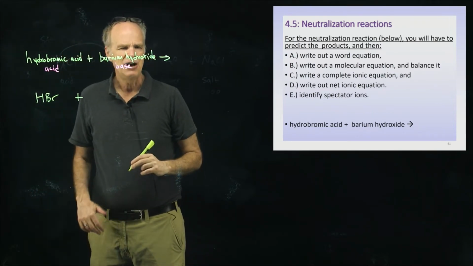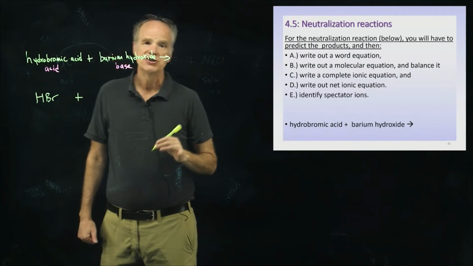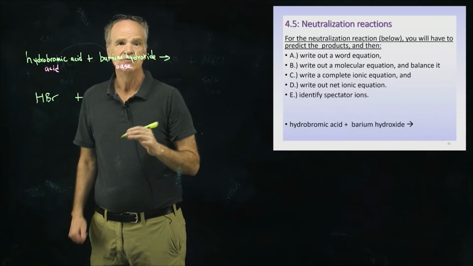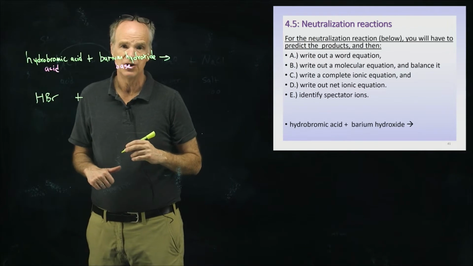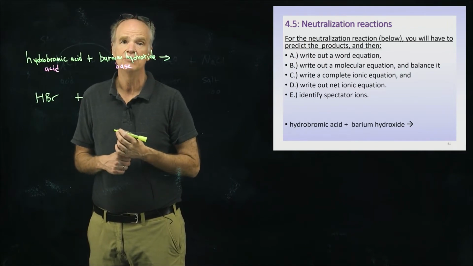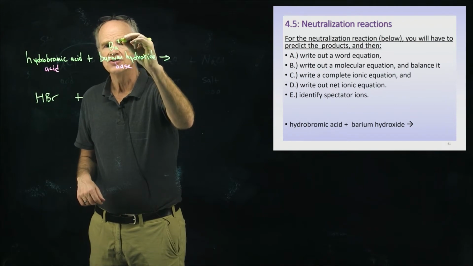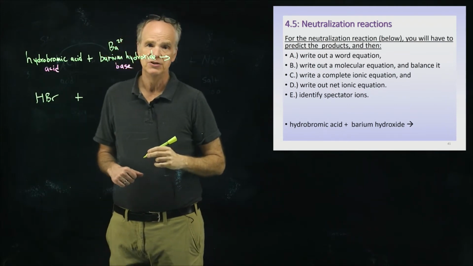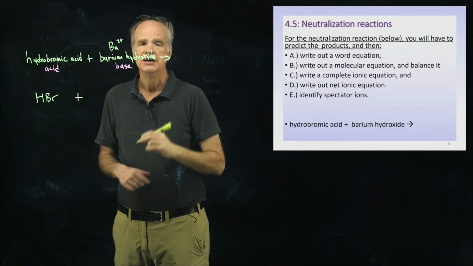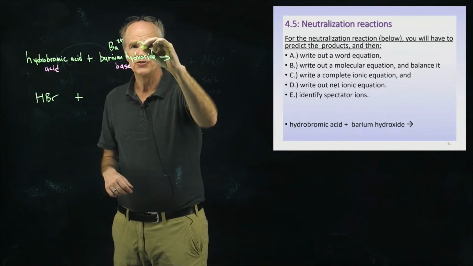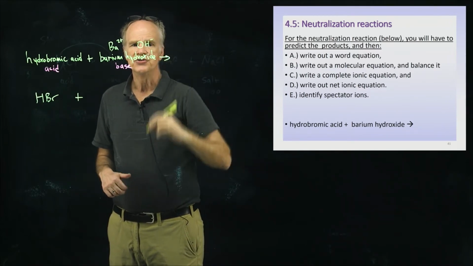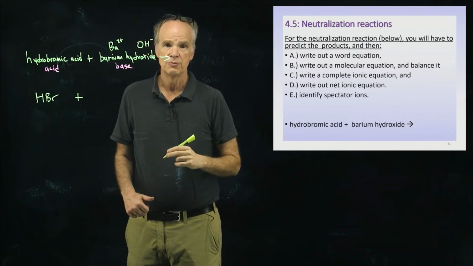How would you figure that out? Well, barium hydroxide is an ionic salt, and you can look at the location of barium in the periodic table, and you'll see that when barium becomes ionized, it has a 2+ charge, and that's because barium is in group 2. Hydroxide, I'm hoping you know by now, is OH-. Can you write out the correct formula for barium hydroxide?